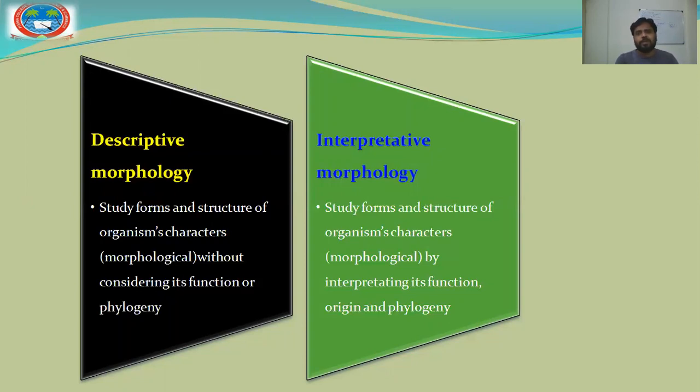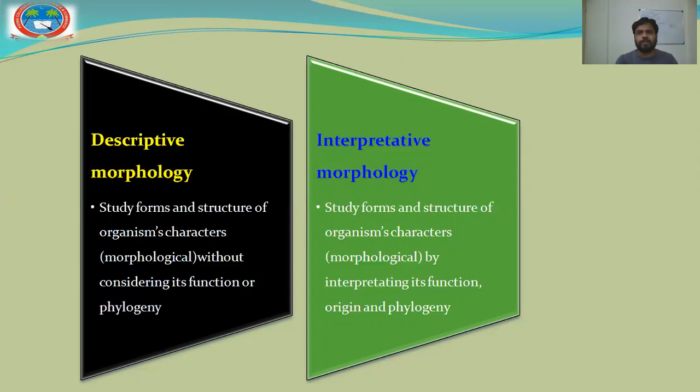Now what is meant by interpretative morphology? Interpretative morphology is actually based on descriptive morphology, but along with the descriptive morphology, in interpretative morphology we have to interpret something. For example, we can determine its origin and its phylogeny on the basis of morphological characters. So we interpret the interrelationship between two different taxa.